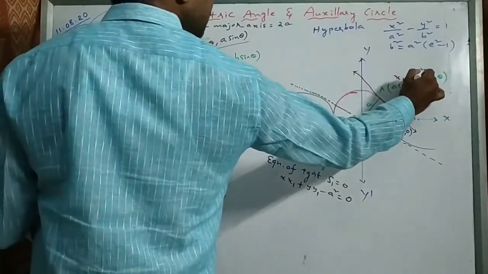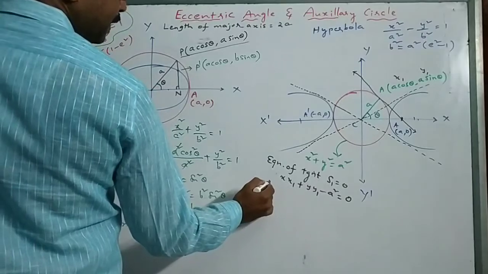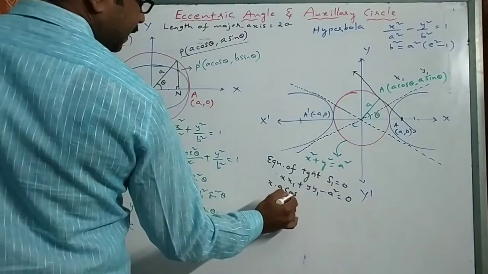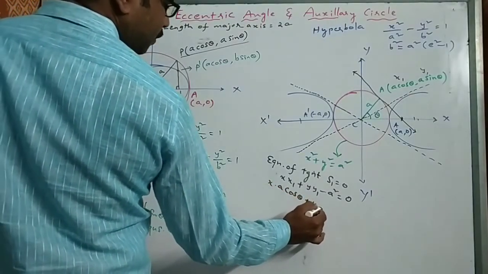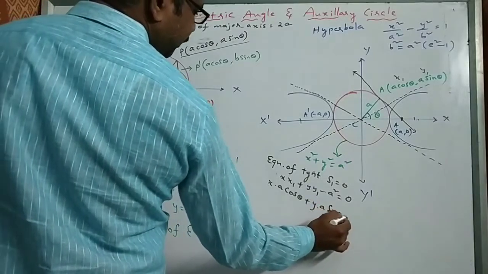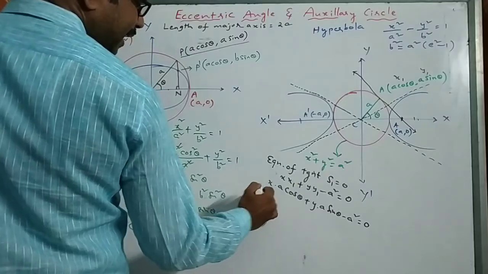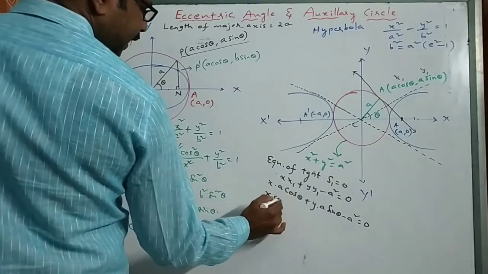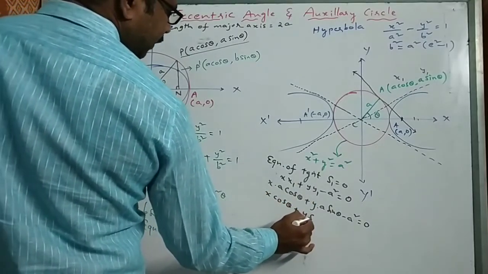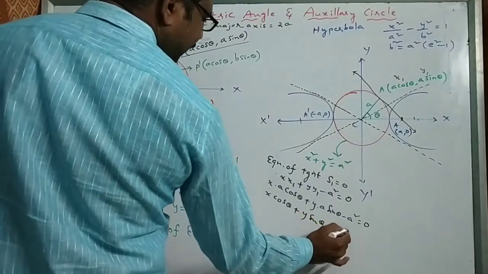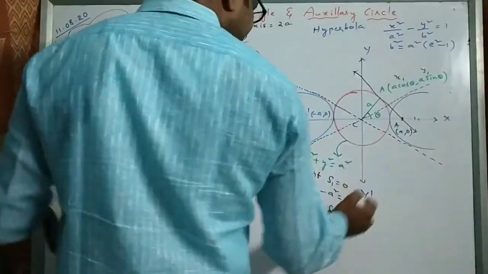This is x1, this is y1. So x into a cos theta plus y into a sin theta minus a square equal to 0. So I will take a common among all those. So x cos theta plus y sin theta is equal to a. So this is the equation of tangent.